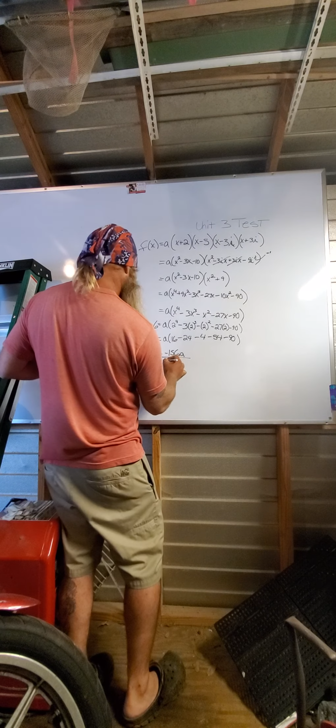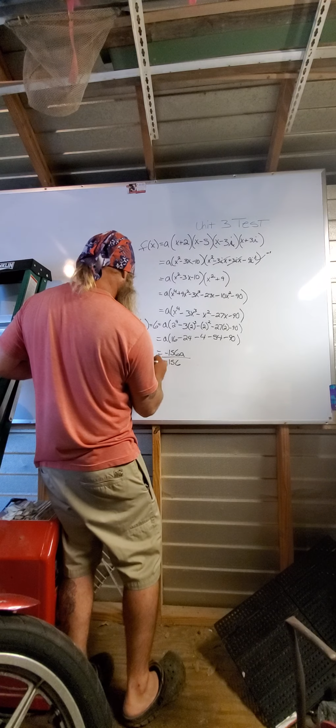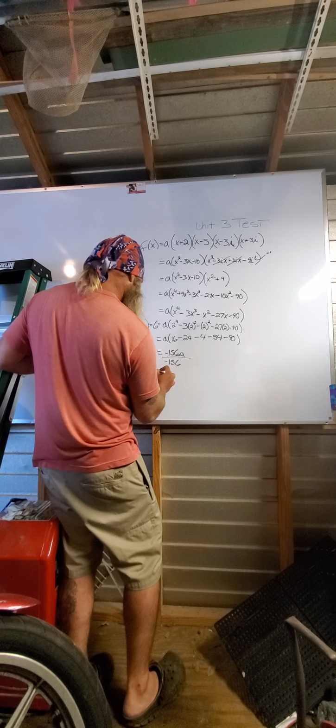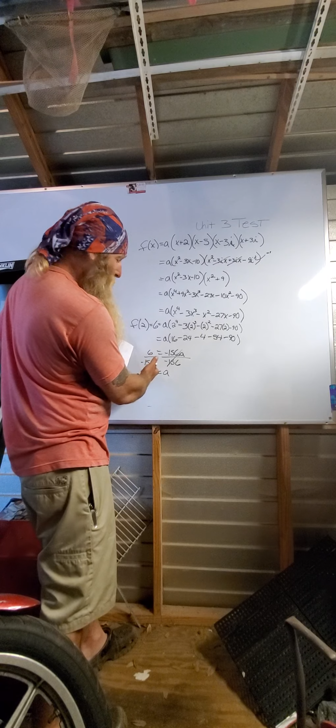Divide by negative 156, divide by negative 156 equals A. You really can't do anything with this other than reduce.